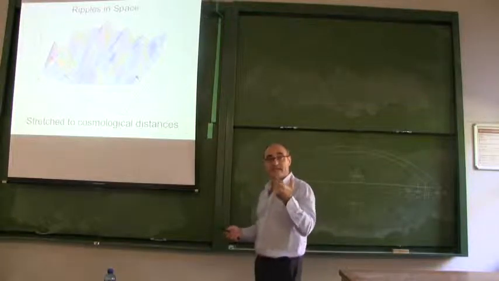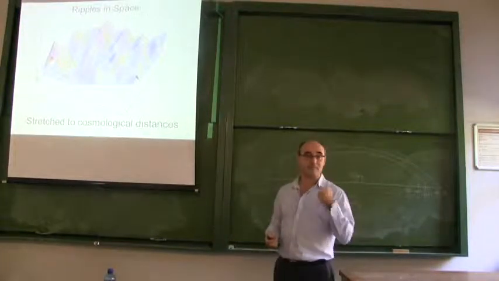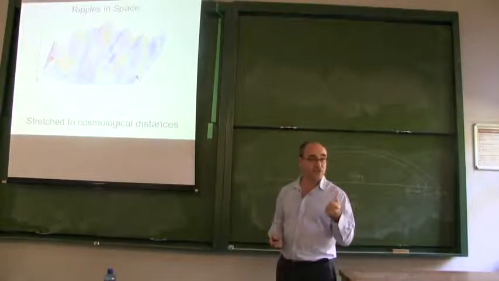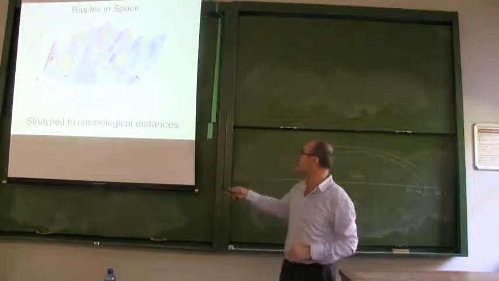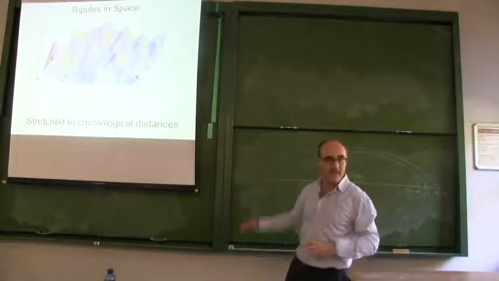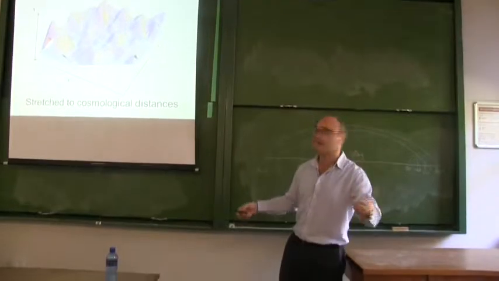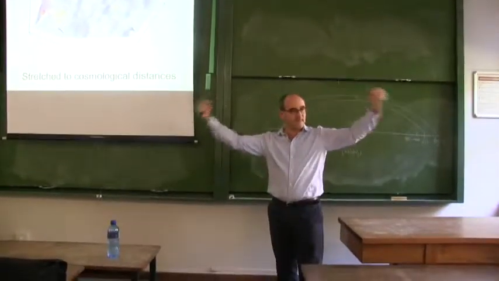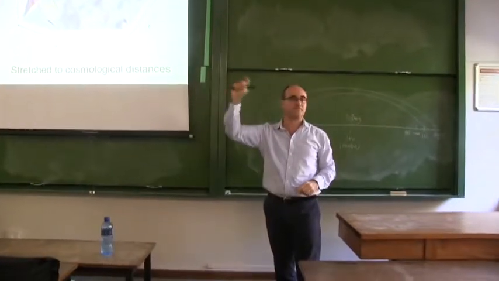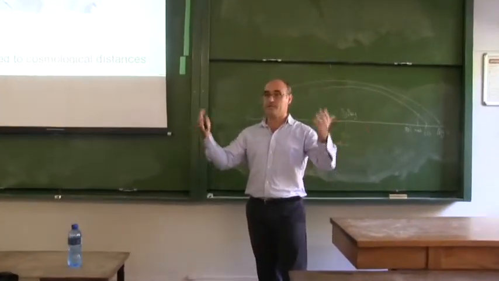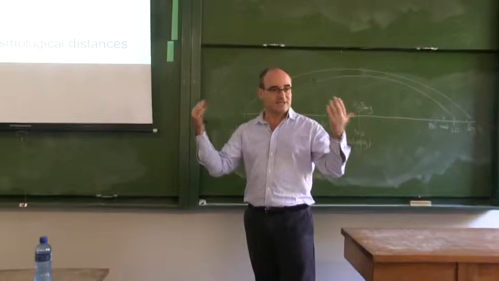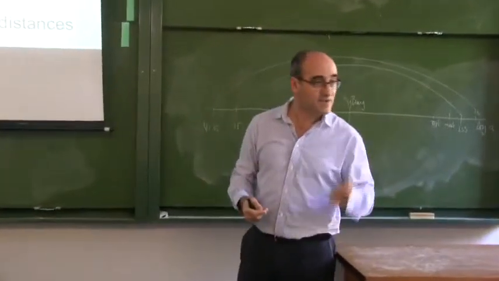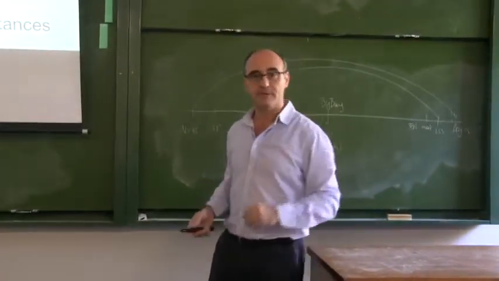So we're using inflation like a magnifying glass. We're using inflation to stretch out all those features of a space-time and fluctuations of the metric on a curved space-time, to distances that are huge and that we can map and we can observe. It's extraordinary. It's doing the job for us. We wish we had something similar at much higher scales, because then we would be able to tap quantum gravity.